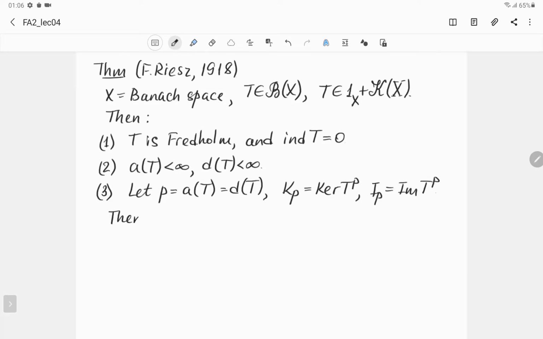Then both K_p and I_p are closed T-invariant subspaces. So here the new word is closed, compared with lemma 2.